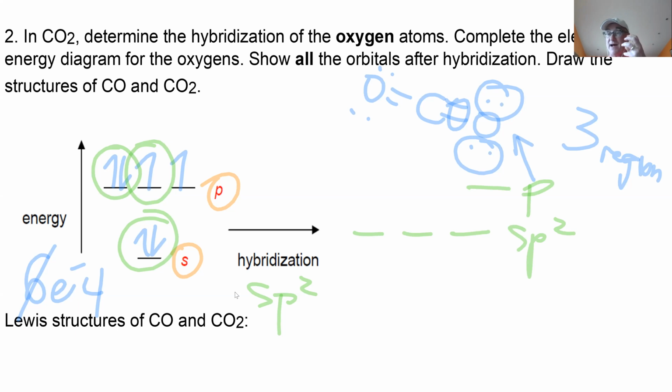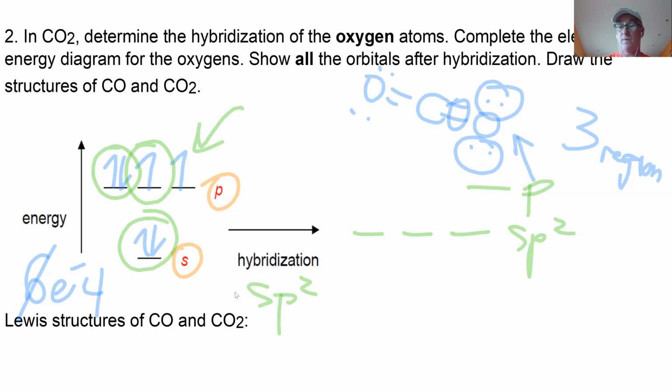So I've hybridized 3 orbitals together, leaving 1 left over. So the one that's left over is this p orbital here. Still have the same number of orbitals, still have the same number of valence electrons. They're just going to be in different orientations than they were before.